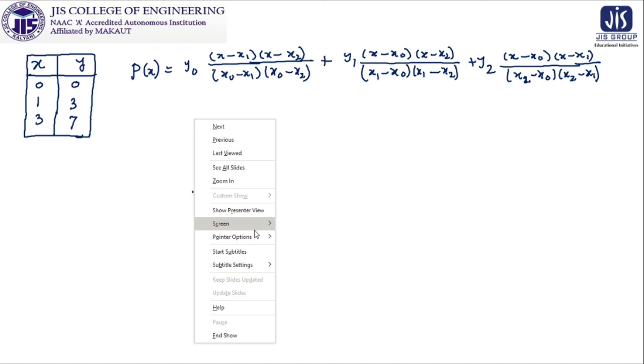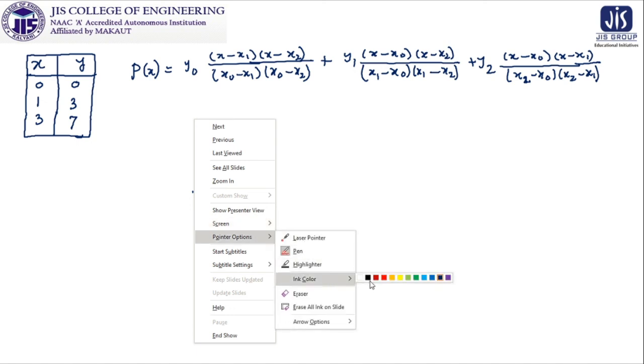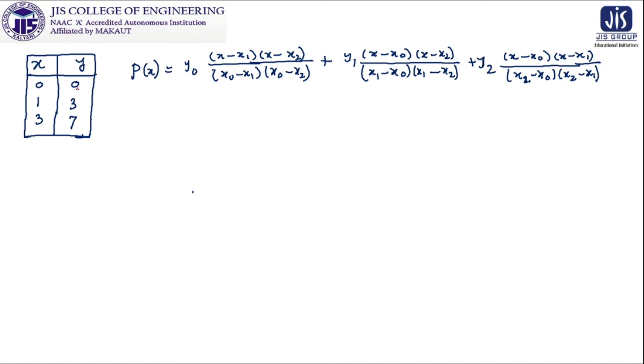So now the remaining part is very easy. We can just check this, that this is my x0, x1, x2, and this is my y0, y1, y2. So here we can write 0.